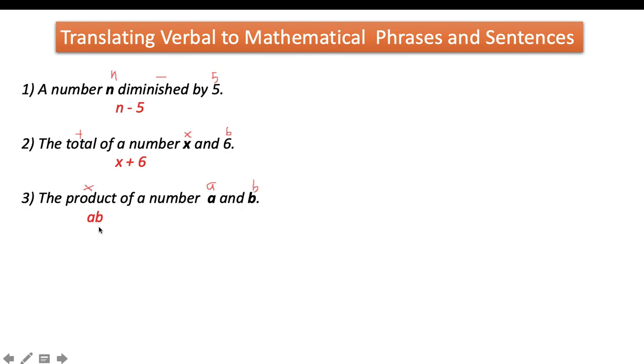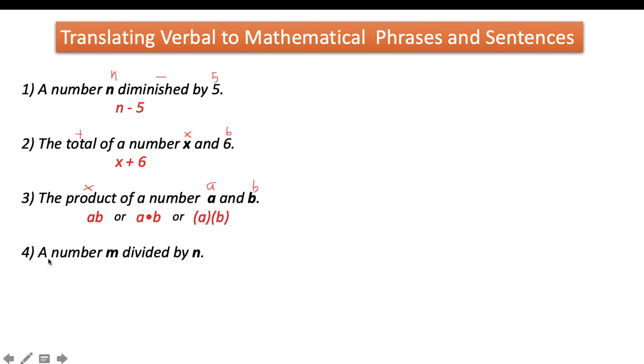So to avoid confusion, to signify multiplication, we can just simply write them next to each other, and this signifies multiplication already. AB means A times B. Or we can also use a dot, which signifies multiplication as well, or simply a parenthesis.